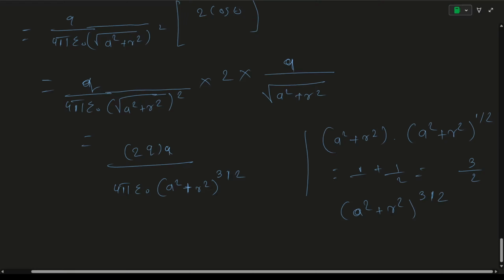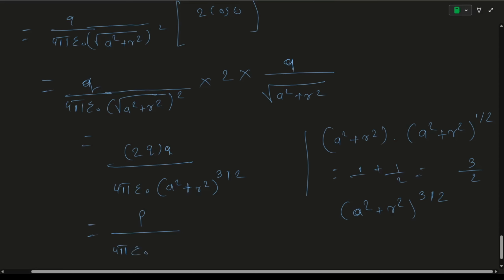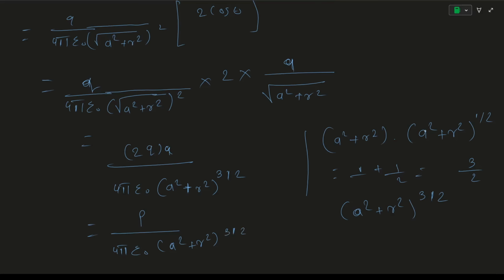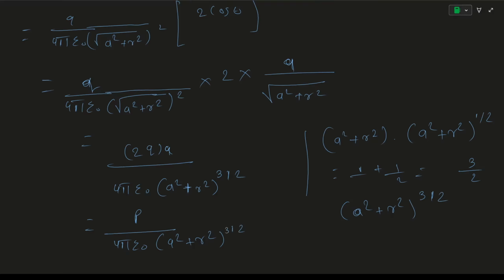So as we already discussed, this term 2qa will become the electric dipole moment, which we will represent by P. So at the end, this will become P upon 4 pi epsilon naught, a square plus r square to the power 3 by 2.